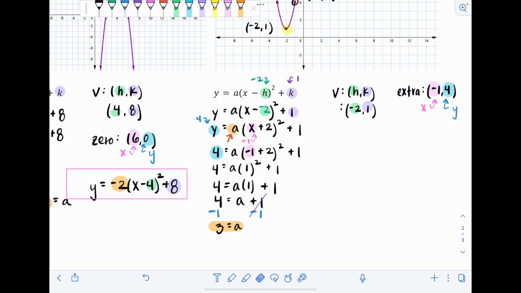So y is equal to a, which is 3, times (x minus h), but h was -2, so that turned into a plus 2, squared, and then plus k at the end, so plus 1. So altogether, y equals 3 times (x plus 2) squared plus 1.